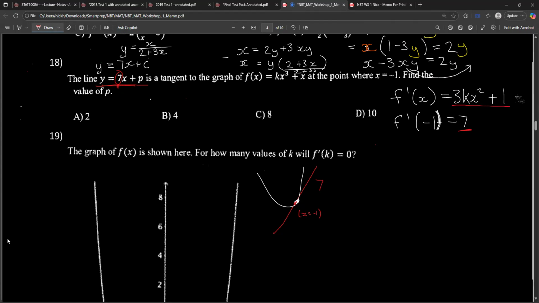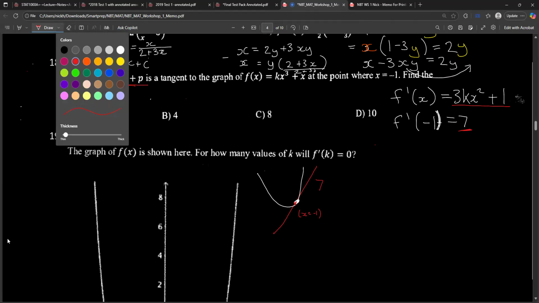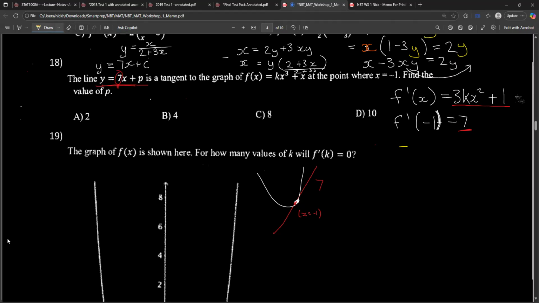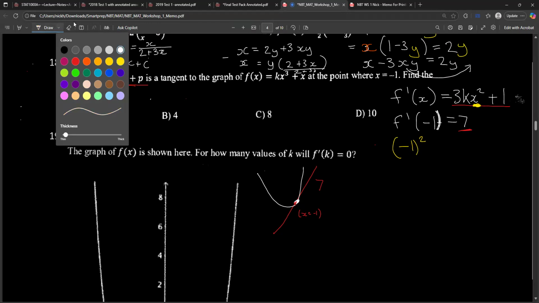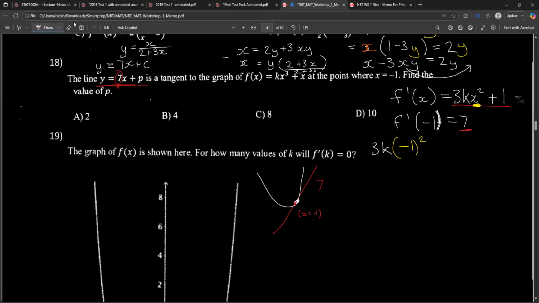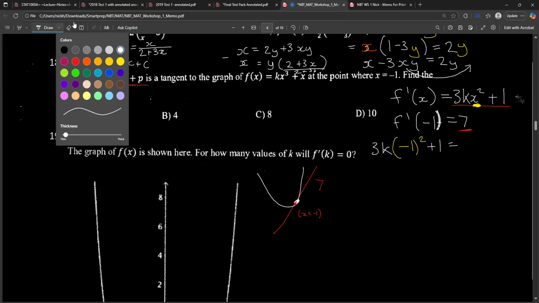So negative 1 squared. I'm writing this part first. 3k plus 1 is equal to 7.